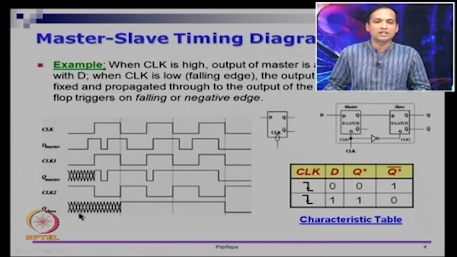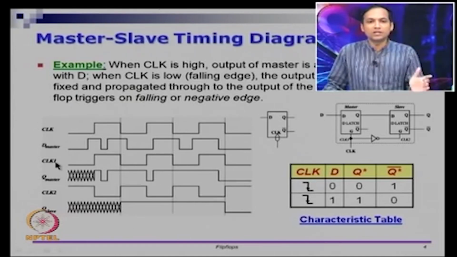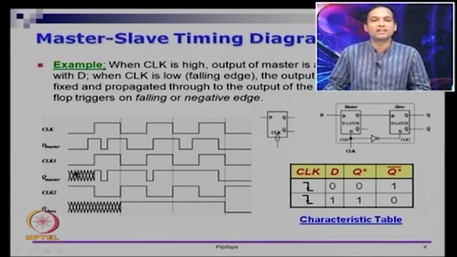So, now if you look at Q slave, it has far fewer transitions than D master. If you look at the output of this whole circuit, the Q versus D relationship, Q has far fewer transitions than D. This fewer transitions is not the goal here, however there is something else that has happened interestingly.